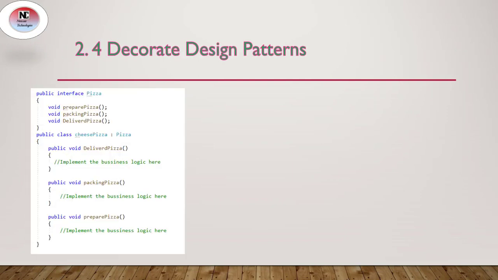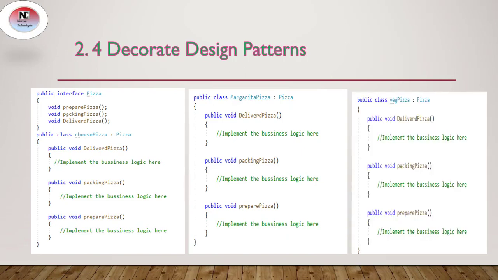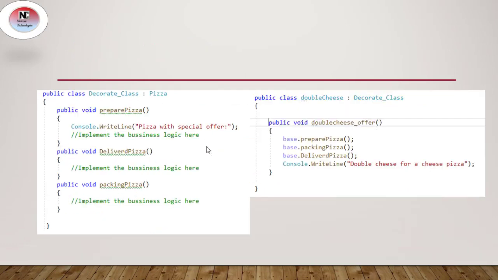Let's try this practically. I have a class named pizza, which is inherited by cheese pizza. Also we have margherita pizza which inherits pizza, and we have veg pizza which inherits pizza. Moving further, now I am going to create a decorator class which inherits pizza, which has specific methods of the pizza class.